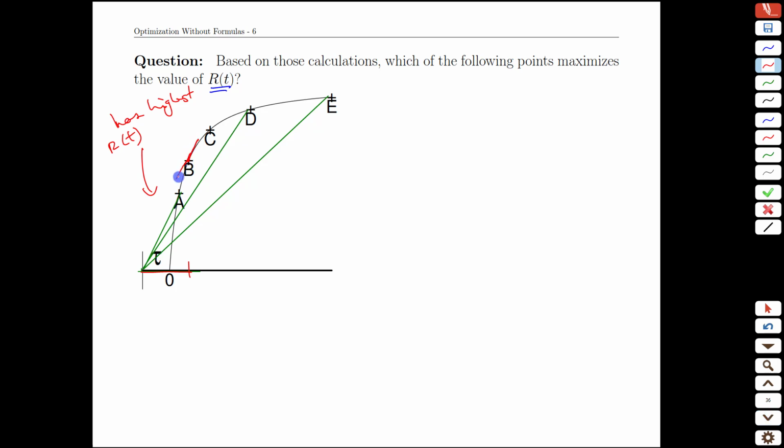So imagine drawing the instantaneous slope at B versus D. You can see here that the green line and the red line are very, very different. But at this one optimal point at B, the slope that we get for the rate is equal to the slope that we'd have at the instantaneous point.